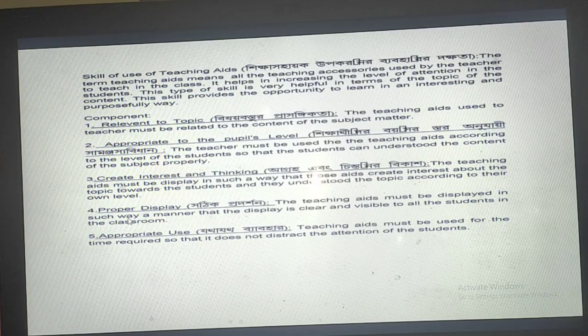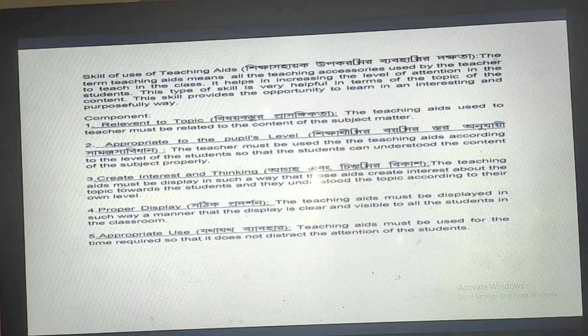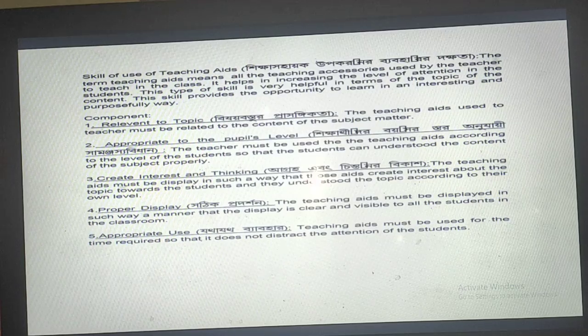Proper display. When the teacher uses the teaching aids, the entire classroom, or all the students, can see the teaching aids appropriately. That is called proper display.